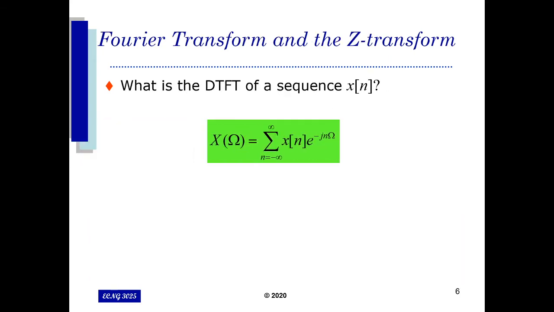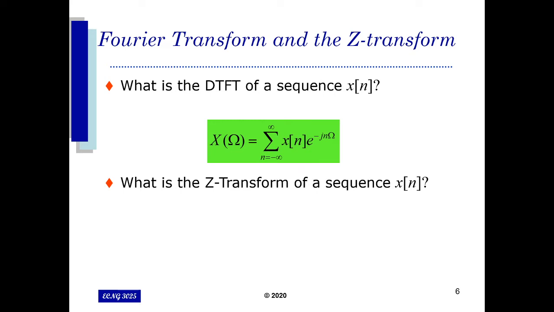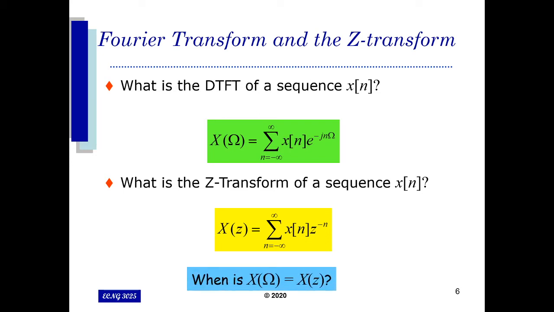So what about the DTFT for an x of n sequence? That basically transforms into x of capital omega. And the z transform for such a sequence we saw is when x of z is the summation series here in the yellow block. So the question we ask is when x of capital omega is going to be equal to x of z.